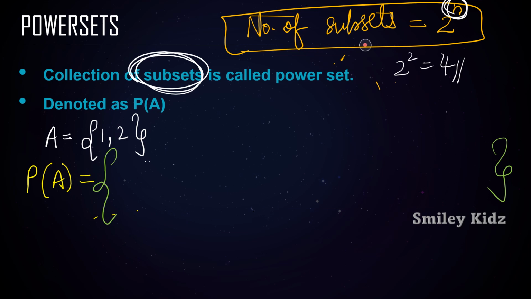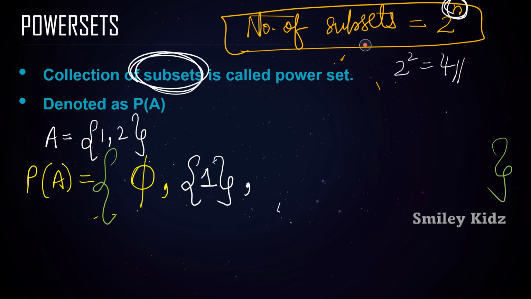Firstly, start from the very least basic fundamental subset, that is phi. And that is what I told you, that phi is the fundamental thing for any set. It is a subset of any set. Now, the next one will be only one element, that is 1.